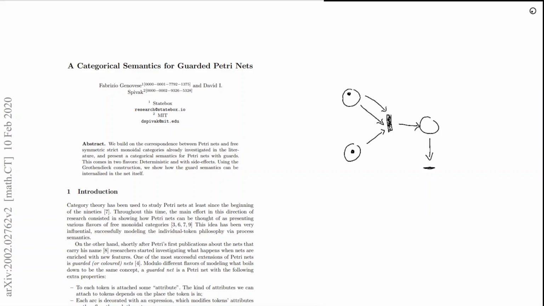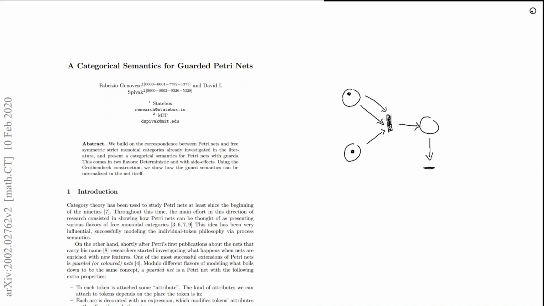And basically, we say that transitions move tokens around by firing. Firing is an atomic operation, which means that a transition takes tokens from its input places as prescribed by the arrows and spits out tokens in the output places as prescribed by the arrows.